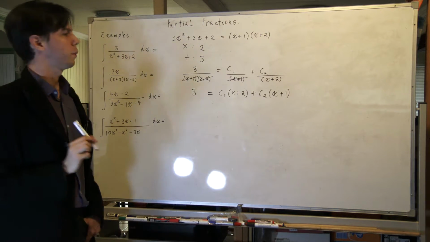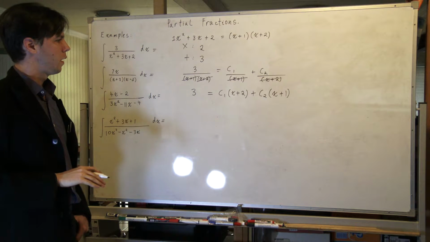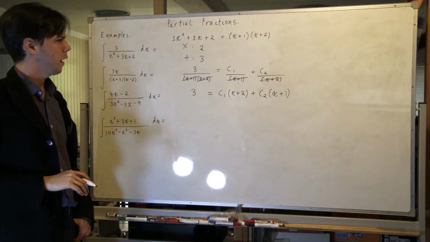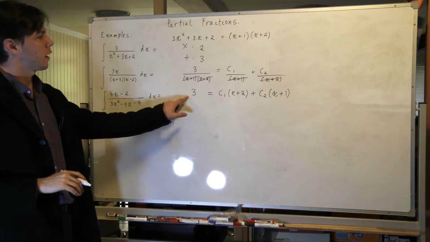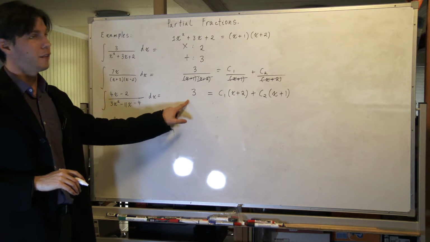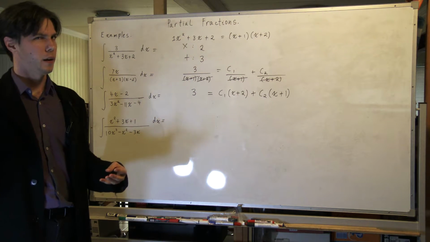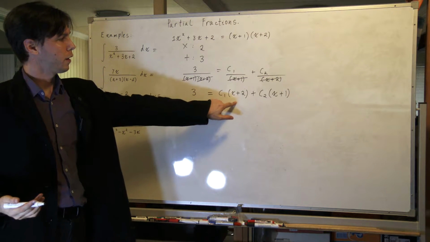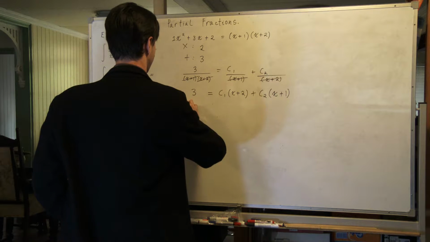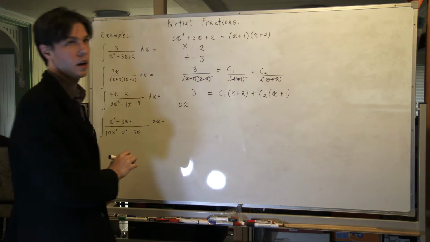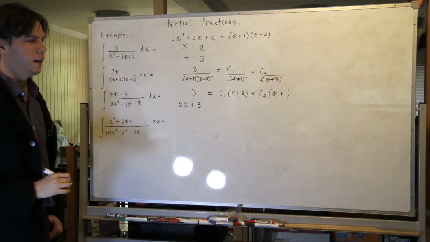Then I multiply by x plus 2 and it gets cancelled out. So nothing happens there. Right, so on the left hand side I have just 3. And I understand that's like saying 0 times x plus 3. Because I have degree 1 polynomials here, it's important to stick this here. 0 times x plus 3.